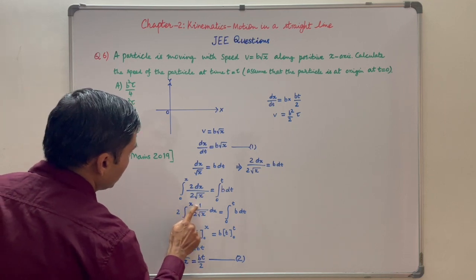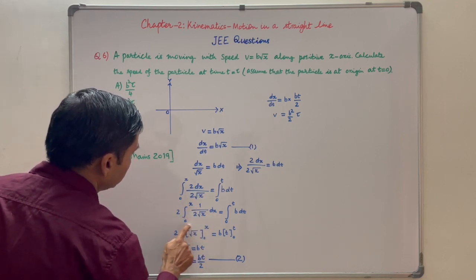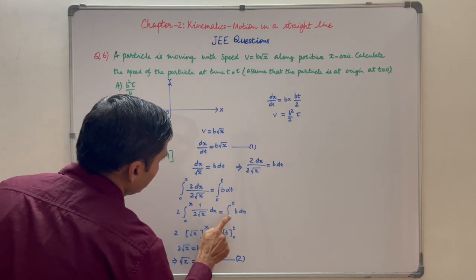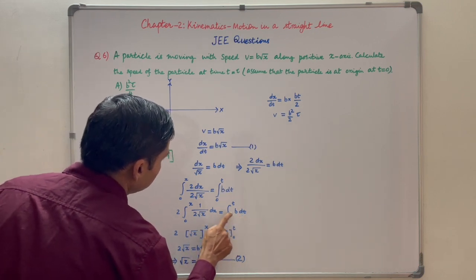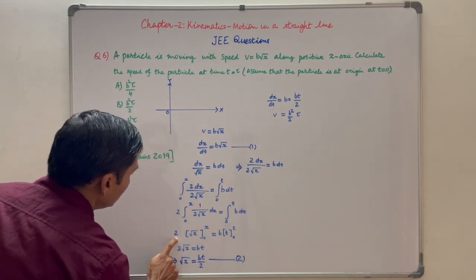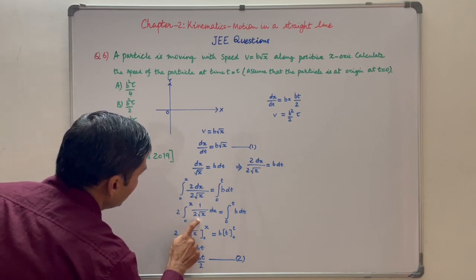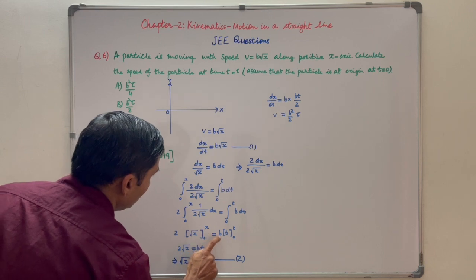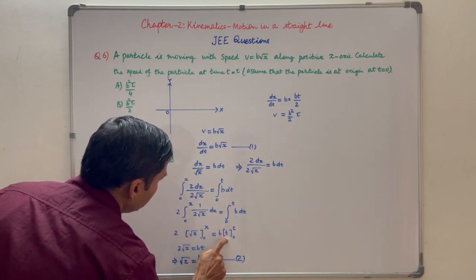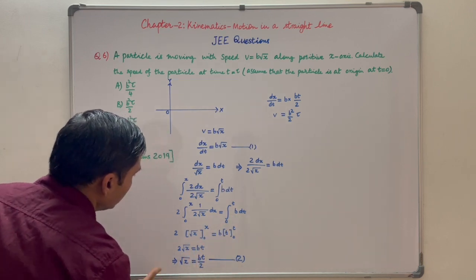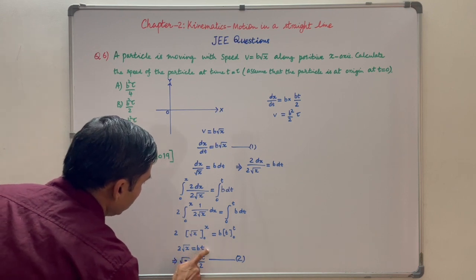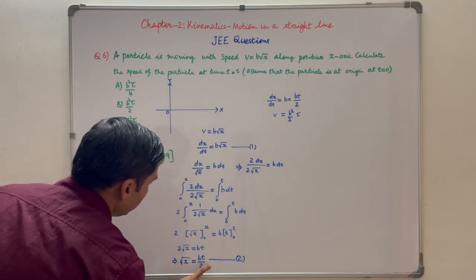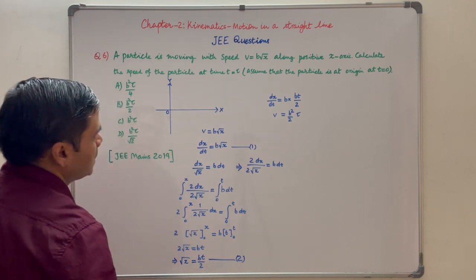So integration of 1 upon 2 root x dx within limits 0 to x is equal to integration of b dt within limits 0 to t. So we can say 2 integration of 1 upon 2 root x dx is equal to root x within limits 0 to x, that is equal to b taken out, t within limits 0 to t. So 2 under root x is equal to bt, or under root x is equal to bt upon 2. This is our second equation.